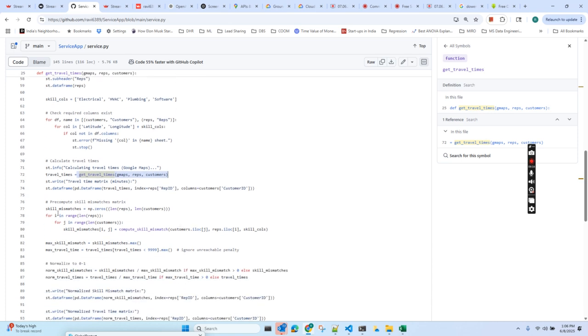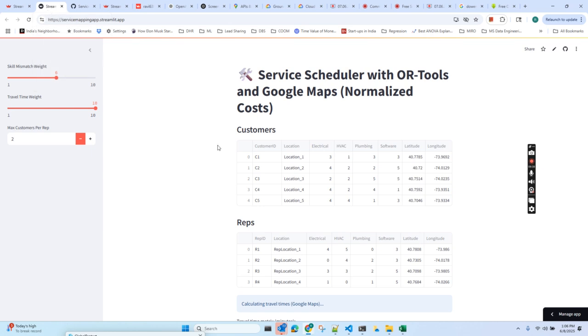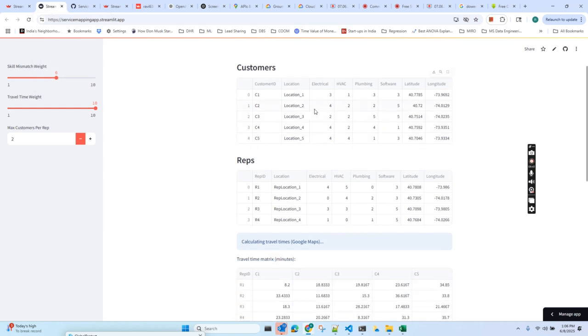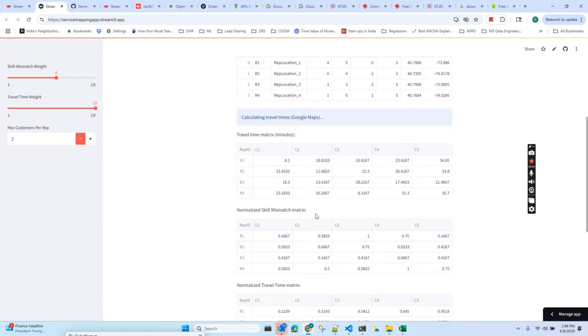And then what we also do is find out the skill mismatch. Skill mismatch is nothing but a way of finding the difference between the requirement of a customer vis-a-vis the skill matrix of the service engineer. We'll talk about the normalized skill matrix in a bit, but just focus on this table, R1 C1. In terms of the skill required by customer C1, what is the skill mismatch between R1 and C1?